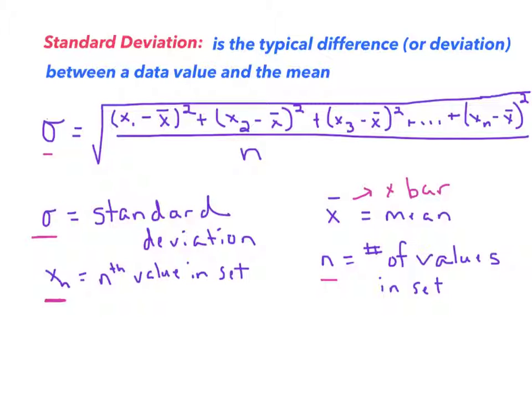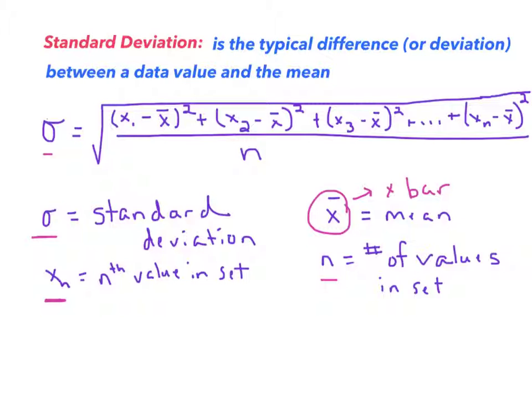So remember, when we found standard deviation, the first thing we did was find the mean of the sample, so we found x bar. Then we subtracted that mean from each of the data values. So that's where x1 minus x bar comes in the formula, then x2, the second term, minus x bar, all the way to the last term in the data set minus x bar.